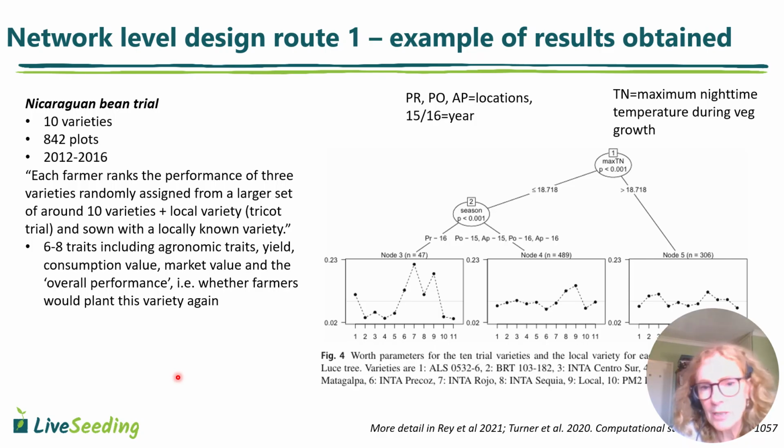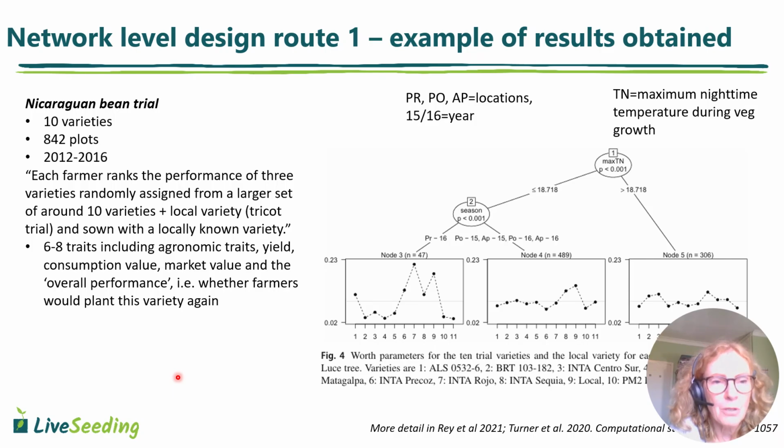You can see 842 plots, so that was a heck of a lot of plots, grown on farmers' fields between 2012 and 2016. And I'm sorry, again, my head's obscuring that, but there was actually an academic publication produced on this trial, Turner et al. 2020, and again in the PowerPoint you should be able to see the full reference for that.